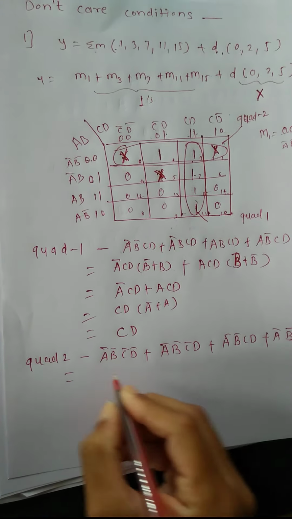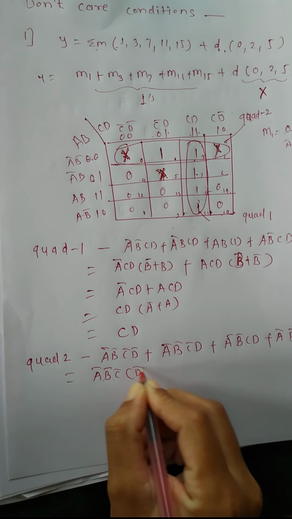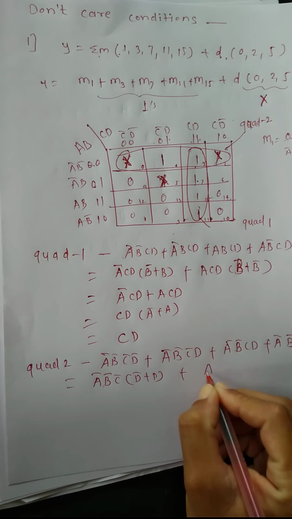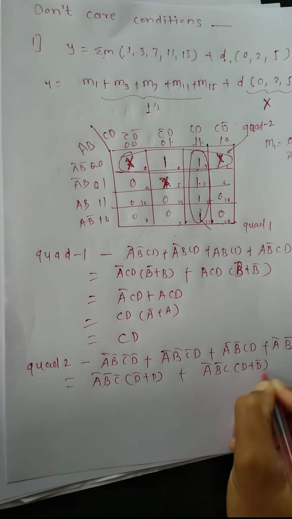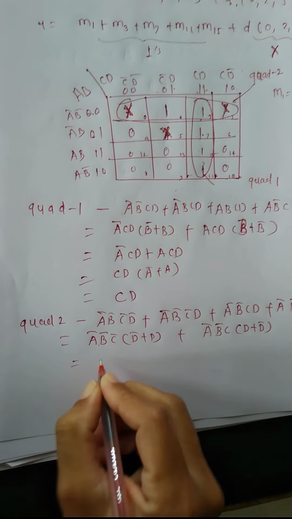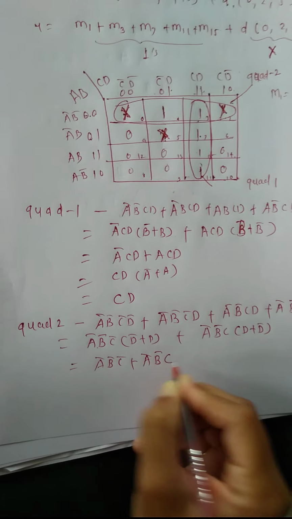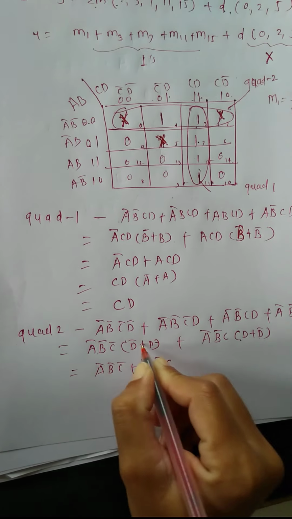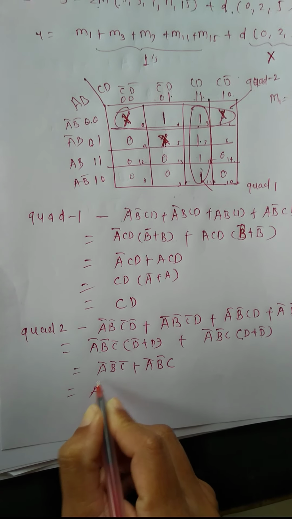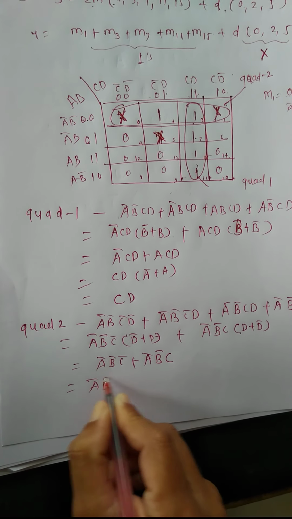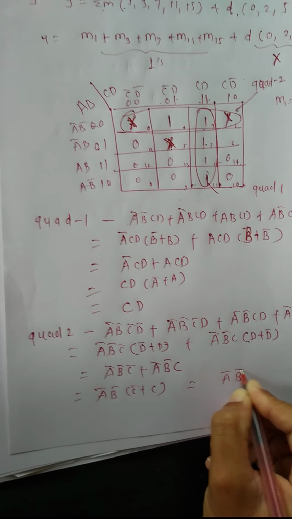You have to minimize that expression. A bar, b bar, c bar, d bar plus d. Next a bar, b bar, c, d plus d bar, use that law, and a bar, b bar, c. For these two terms we use the Boolean law. Next in this a bar, b bar, c bar plus c. So the answer is a bar, b bar.